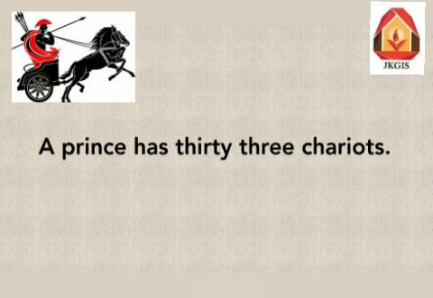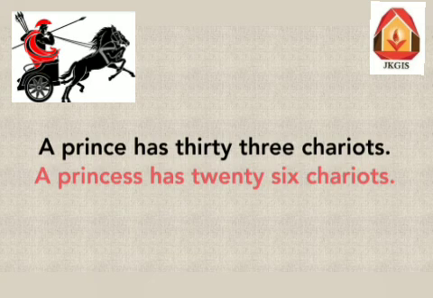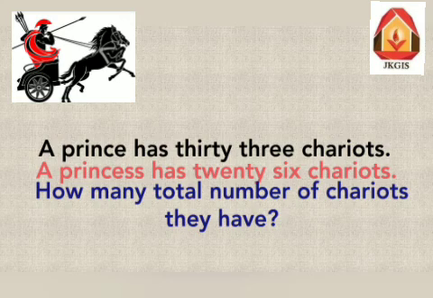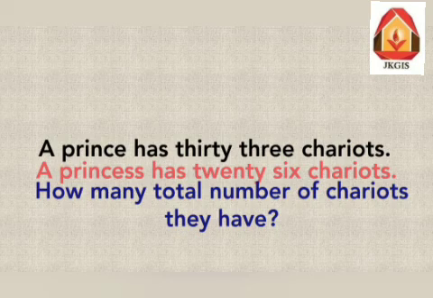A prince has 33 chariots. A princess has 26 chariots. So, total number of chariots they have. In this addition problem, prince is a masculine gender and princess is a feminine gender.